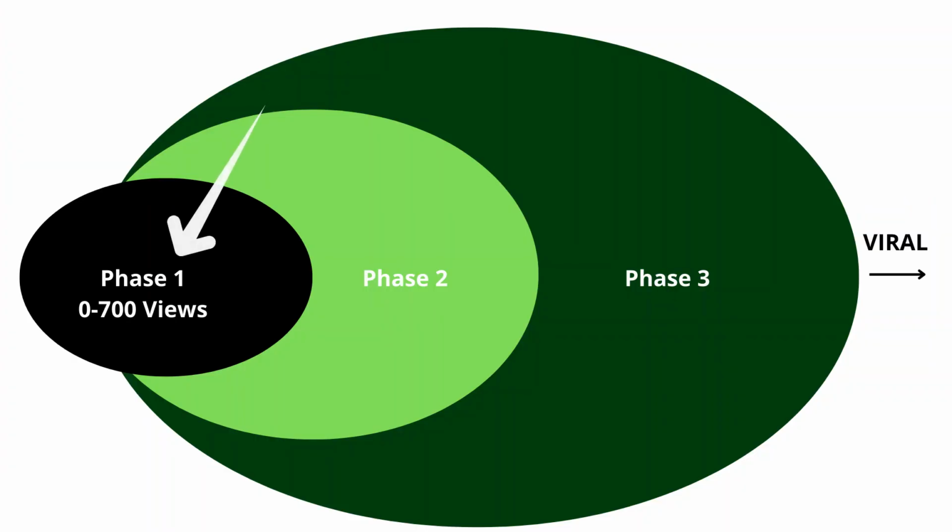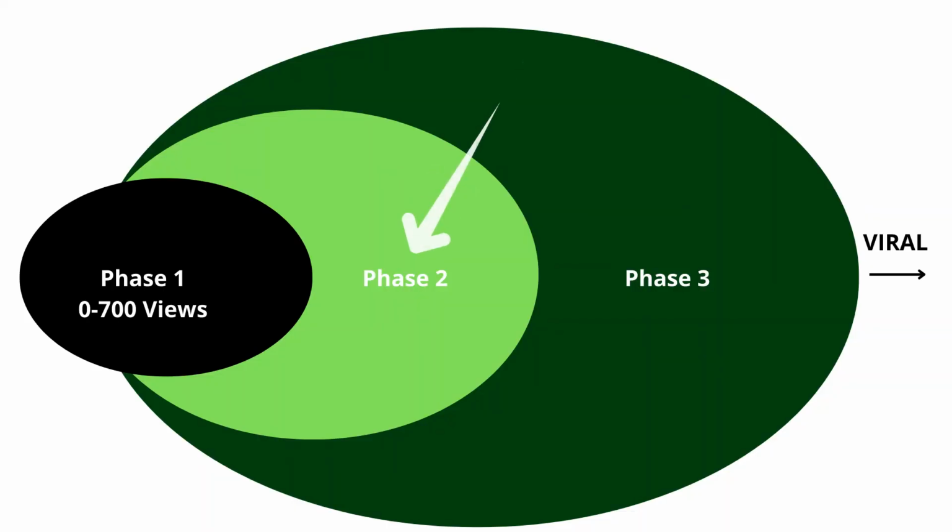So how does the TikTok algorithm actually work? Well, when you post a TikTok video, it's shown to a small group of people in phase 1. And when you meet the criteria of interactions and watch time, we'll chat more about this later, it means that your video then moves to the next phase, which is phase 2, and it's shown to a bigger group of people. Now, the same process happens here in phase 2, where your video needs to hit a criteria of watch time and also interactions.